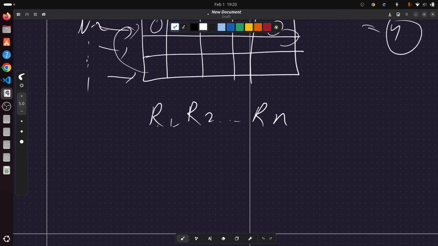So basically I'll also maintain a vector of vector, let's say vi.